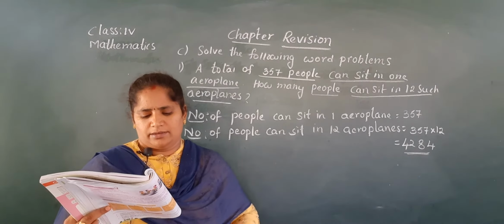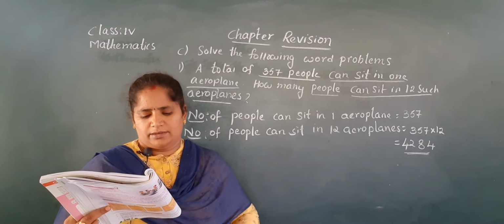Okay. So estimate the number of people in 5 such towns. How do we estimate? Round off this number to the nearest 10,000. So 1,17,300 is rounded to 1,20,000. So 1,20,000 into 5 towns. 5 towns means you multiply by 5. So 12 5s are 60. That means 6 lakhs.